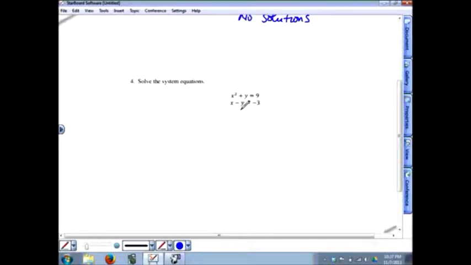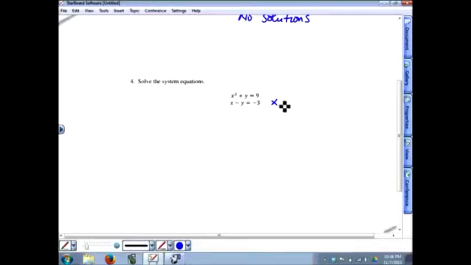Question 4. This is a system of nonlinear equations. This is a parabola. This is a linear function. So there are a number of ways we could solve this. For example, this bottom equation could be rearranged and solved for x.